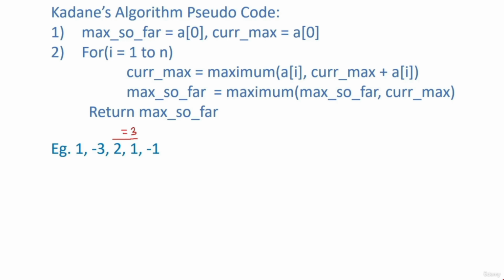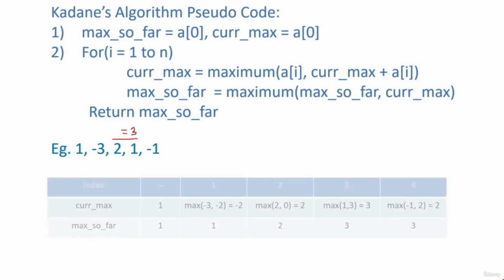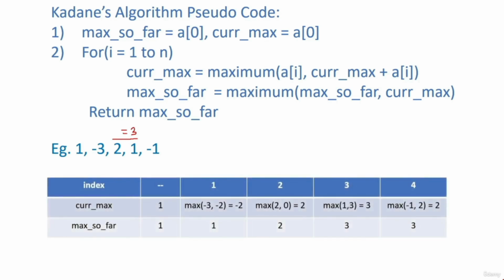the Kadane algorithm here and try to dry run the code, you get a table like this, in which we have initialized current max and max so far with 1, which is the first element of the array. We are running the for loop. Now our for loop is at the element -3.